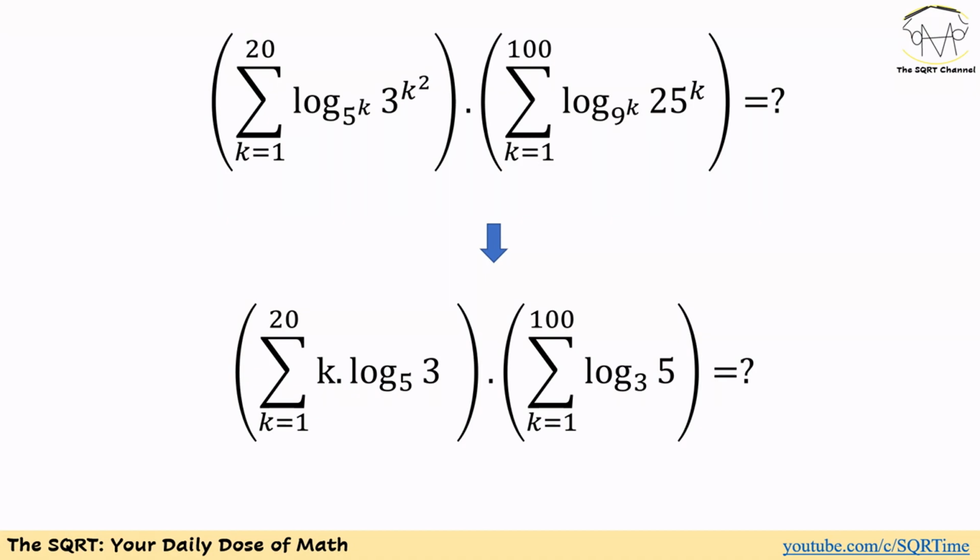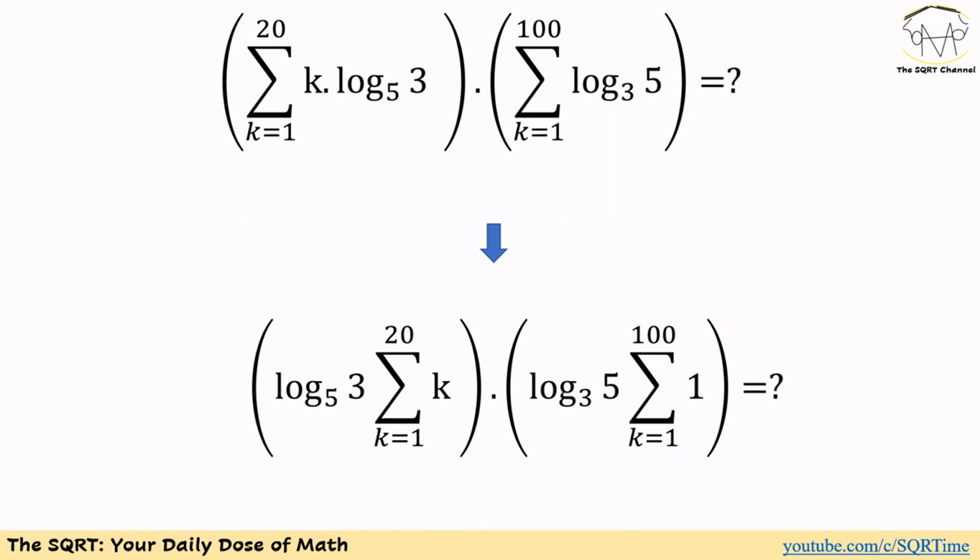For the second term, in the expression that we have, we are going to have sigma log of 5 in base 3 for k equal to 1 to 100. There are a few things that you can notice here. First of all, for the second term, the term that we have inside the sigma doesn't depend on k. It basically is a constant term here. We have log of 5 in base 3, and we can take it out from the sigma itself.